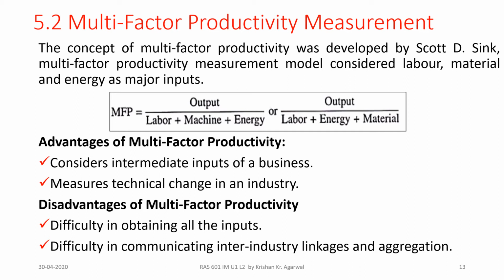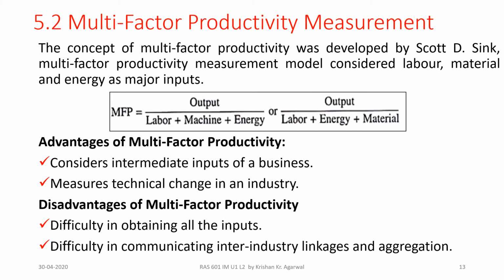The advantage of multi-factor productivity is it considers intermediate inputs of a business and measures a technical change in an industry while taking into consideration two or more than two factors. Whereas the disadvantage associated with multi-factor productivity analysis is it's difficult to obtain all the inputs. Yes, all the inputs we are not considering here.